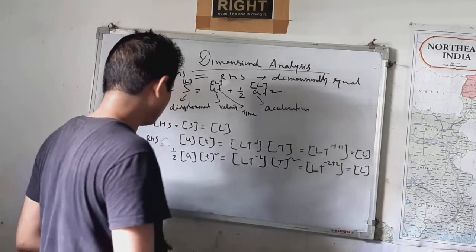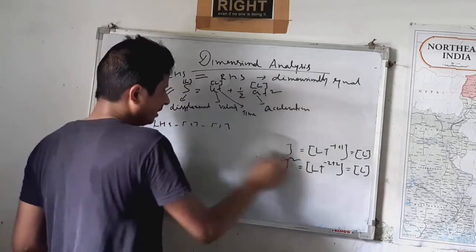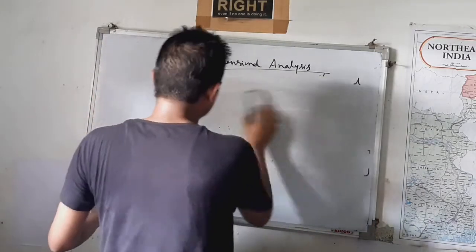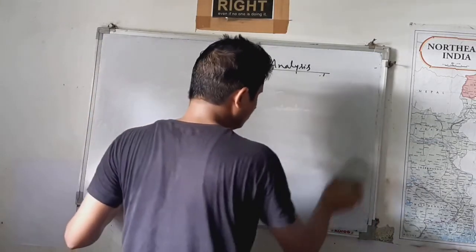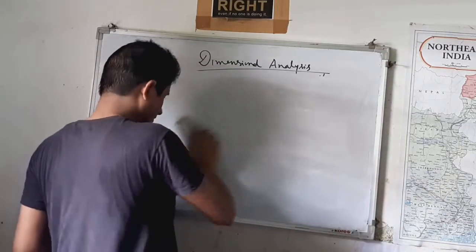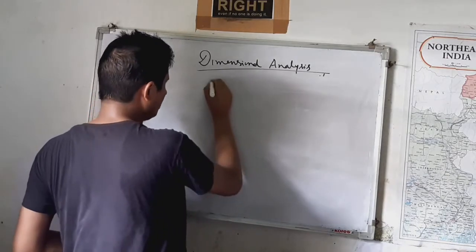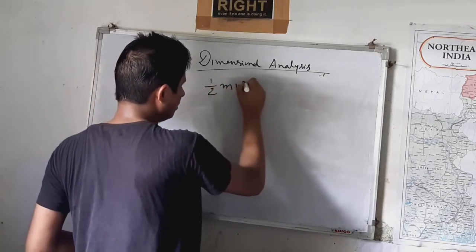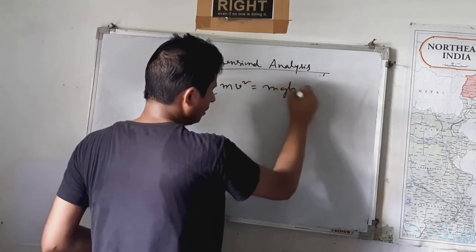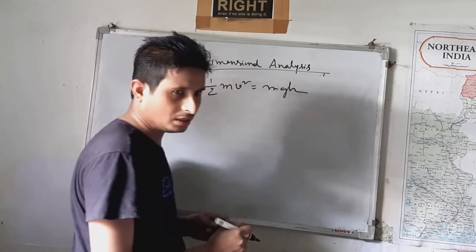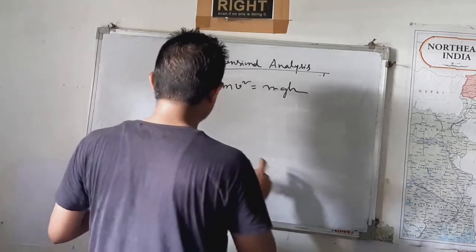Now let's check another equation. Suppose half of mv square equal to mgh is another equation. We have to check its dimensional consistency.